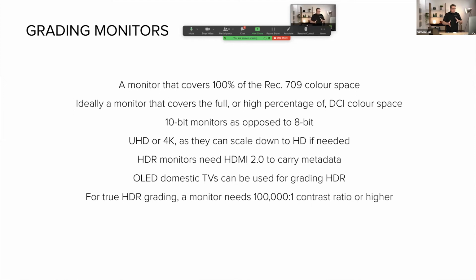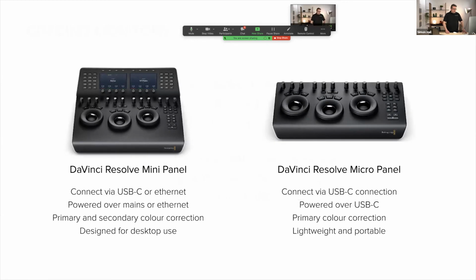With your grading monitors, even if it's just a domestic TV, I always recommend having a video output, so you get an idea of what it looks like as a video feed rather than something on a GUI display. We've obviously got the two panels as well. Working remotely, a lot of people have been looking into these.